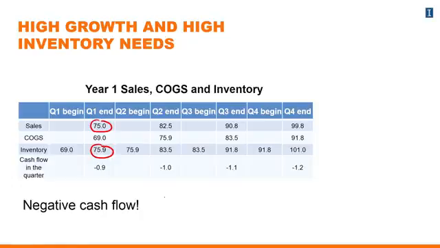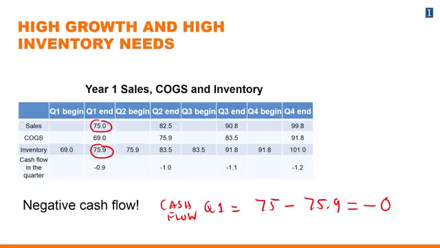So your cash flow, for example, in quarter one would be 75 minus 75.9, which is minus 0.9. And this happens every quarter. Quarter one, quarter two, quarter three, quarter four. It's a negative cash flow.